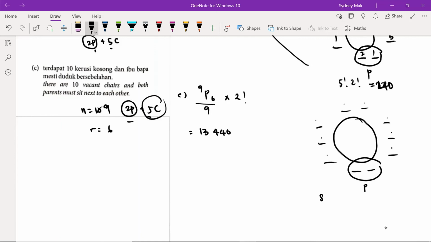So of these 8, we choose any of the seats to put in our 5 children. Since the parents are the first ones to choose the place, there is only one way to choose the place for the parents. So we fix the position of the parents, and the remaining children will go in. So it will be 8P5. And then the parents will permute among themselves, so 2 factorial.